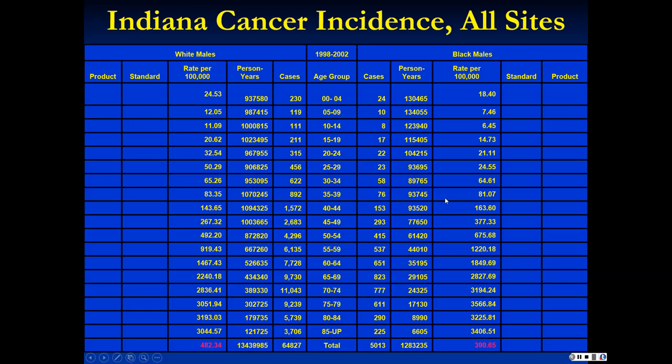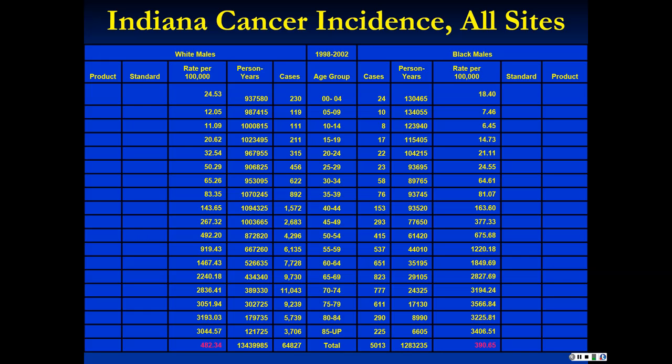And it's only among the younger white males that the rates are about equal to the black males. And in those in their 20s and younger, the rates are actually higher among the white males. So young white people have higher age-specific cancer rates than older white people. But older black people have higher age-specific cancer rates than older white people. And most cancer occurs among the elderly segment of the population.